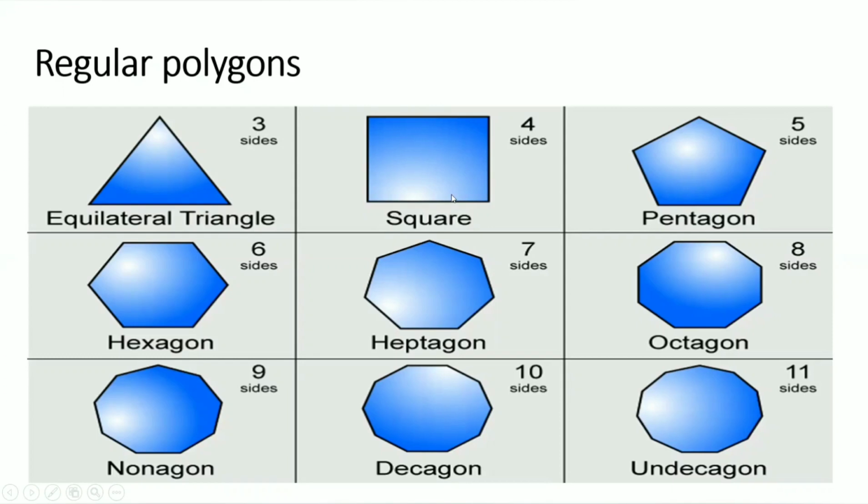Then a square, it is a polygon with 4 sides. Pentagon is the polygon with 5 sides. Hexagon with 6 sides. Heptagon with 7 sides. Octagon with 8 sides. Nonagon with 9 sides. Decagon with 10 sides. And undecagon with 11 sides.